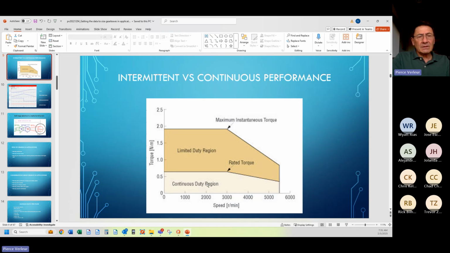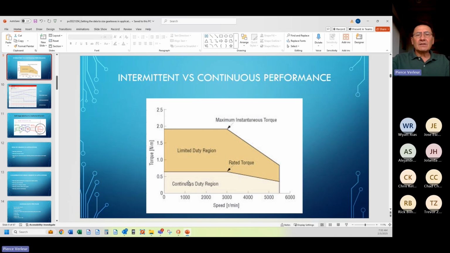And every component, whether they put it on the nameplate or not, is going to have a continuous duty performance and a limited duty or peak performance. And remember, we're talking about the torque right now. It's the size of gearbox. So the continuous duty region is the torque that I can apply or transmit through that gearbox 24/7.